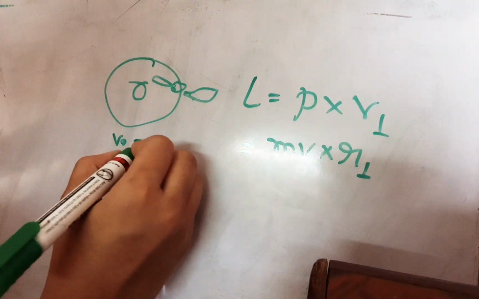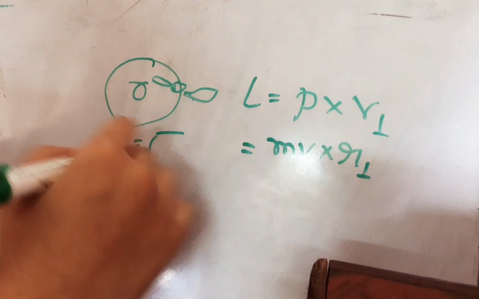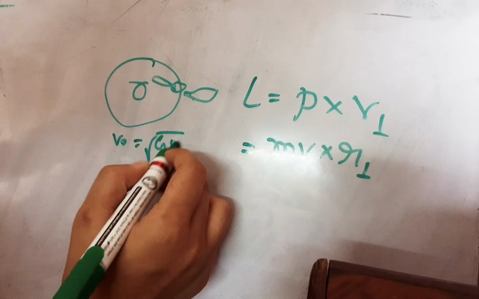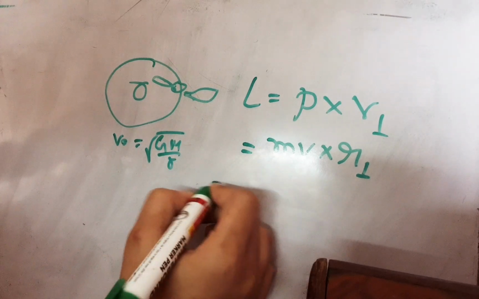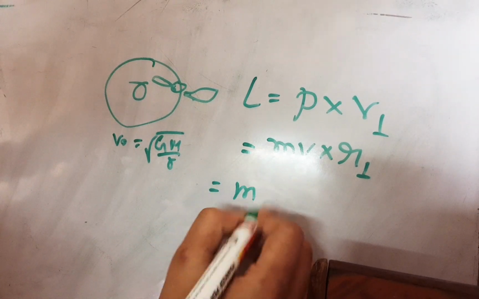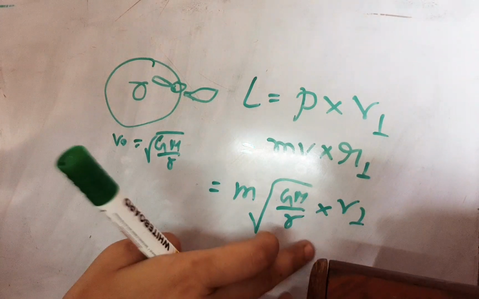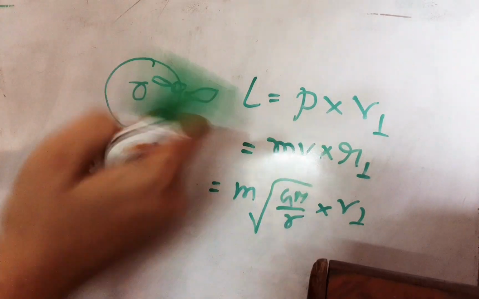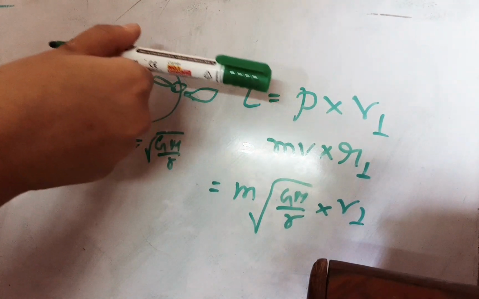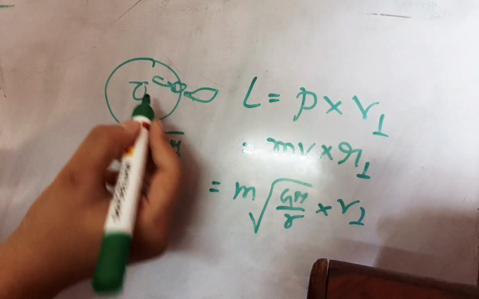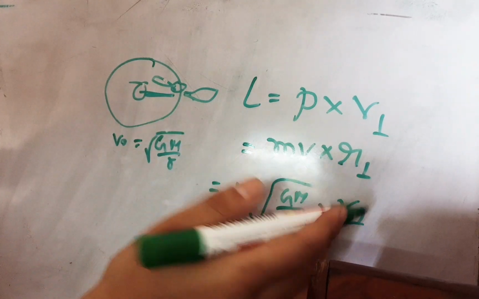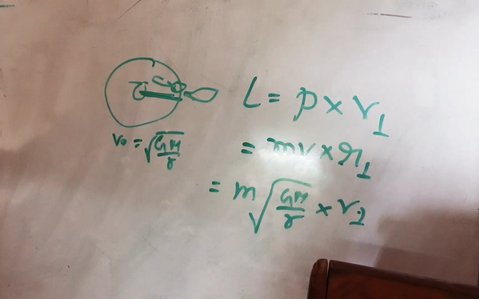This orbital velocity you can write in terms of GM upon r. So if I substitute this, v is under root GM upon r, into r perpendicular. For v naught this distance is only r, and for r perpendicular also this distance is only r.